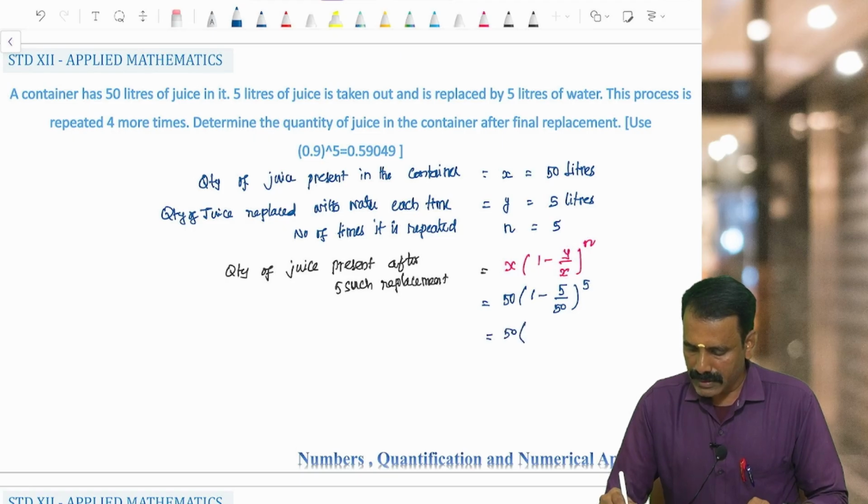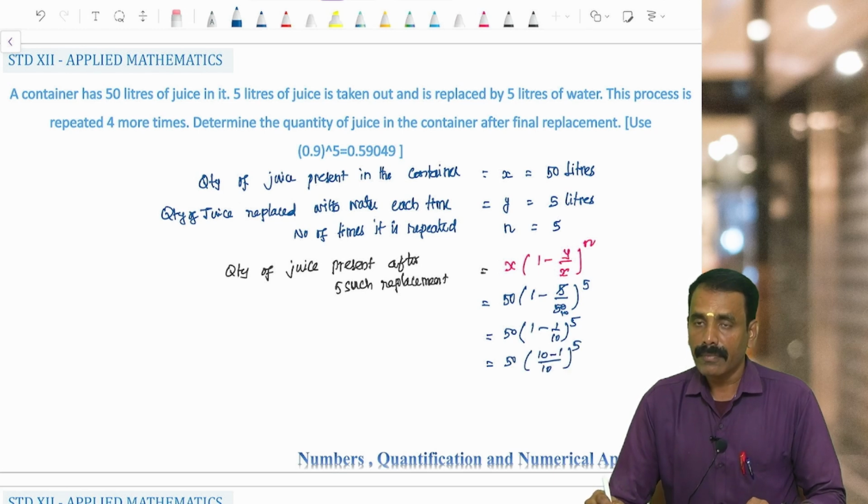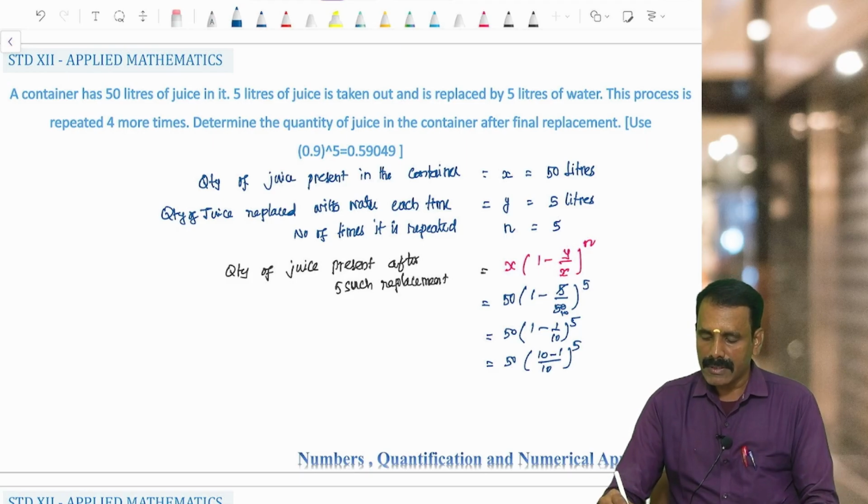And 50 into 1 minus, we cancel this one. So it is 1 by 10 whole power 5. We take LCM now. 50 into 10 minus 1 by 10 whole power 5. So you simplify this expression, it is going to be 50 into 9 by 10 whole power 5.